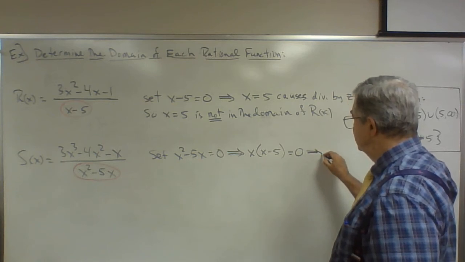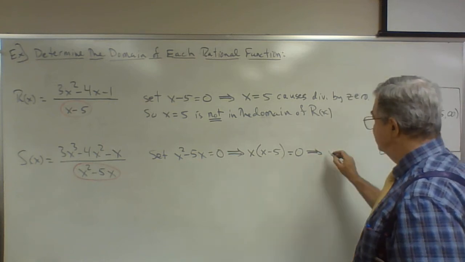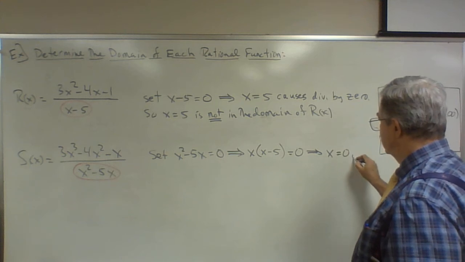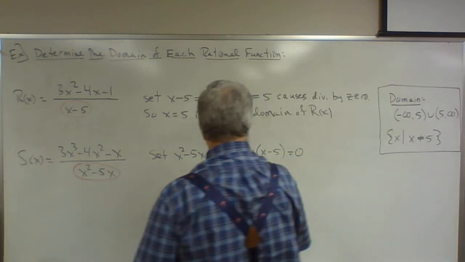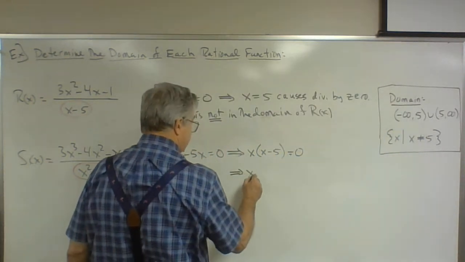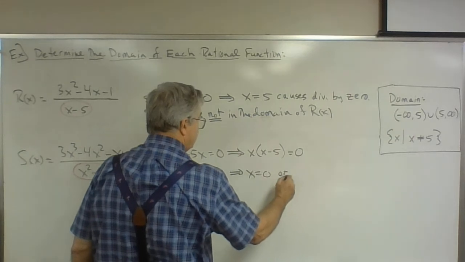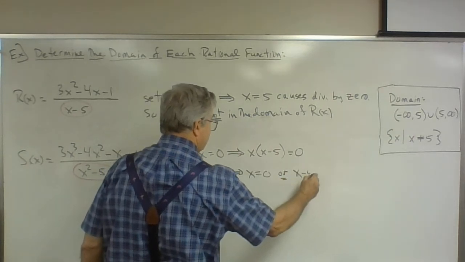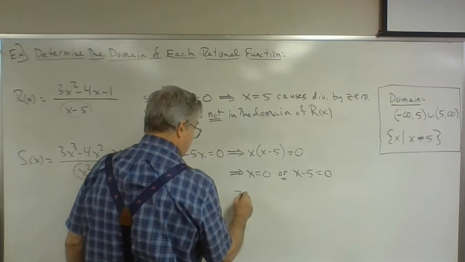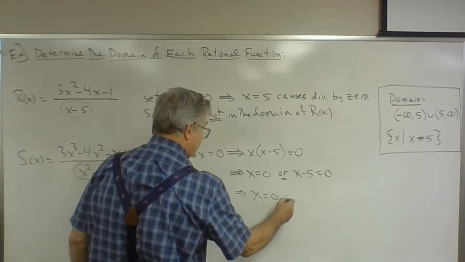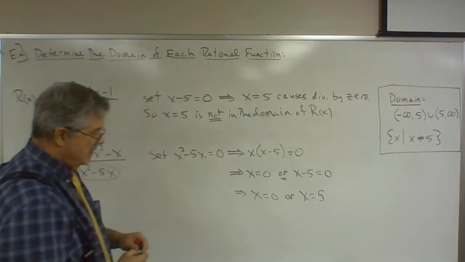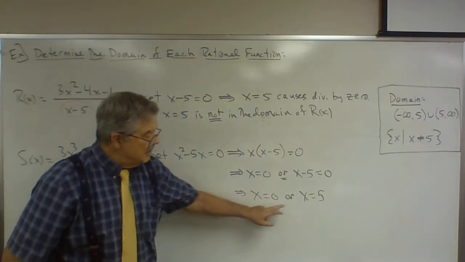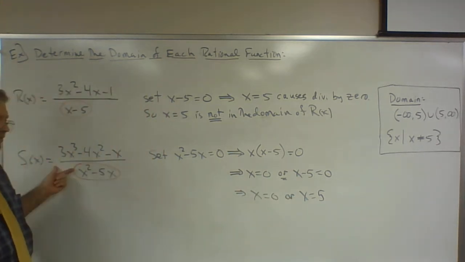So that means that either the first thing is 0 or the second thing is 0, which means x equals 0 or x equals 5. x equals 0 and x equals 5 cause division by 0. We have to exclude them.